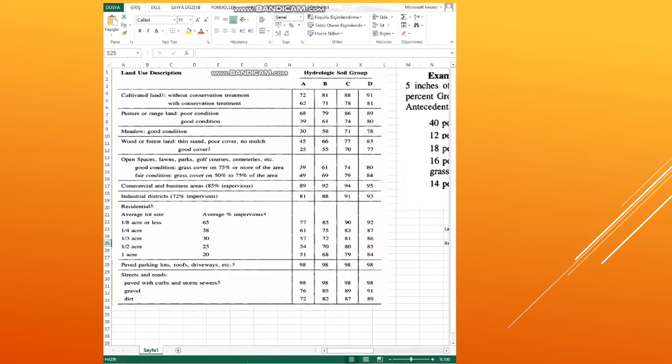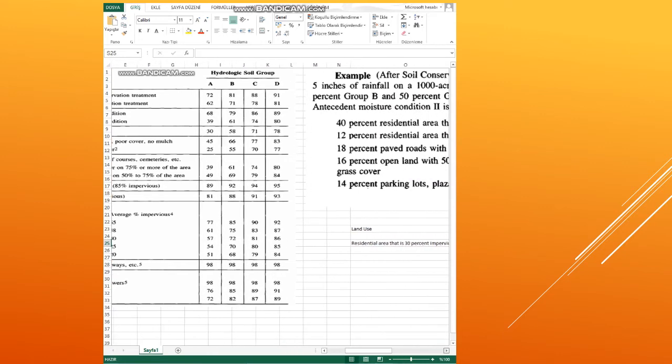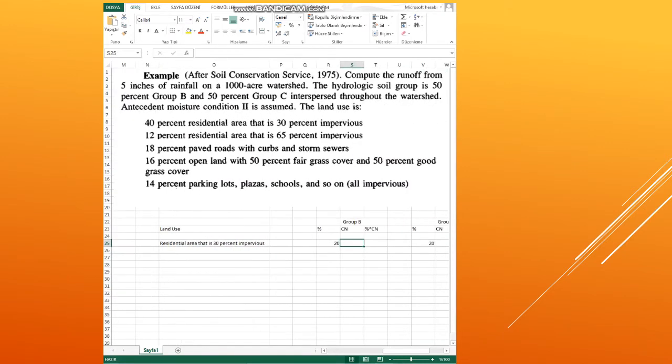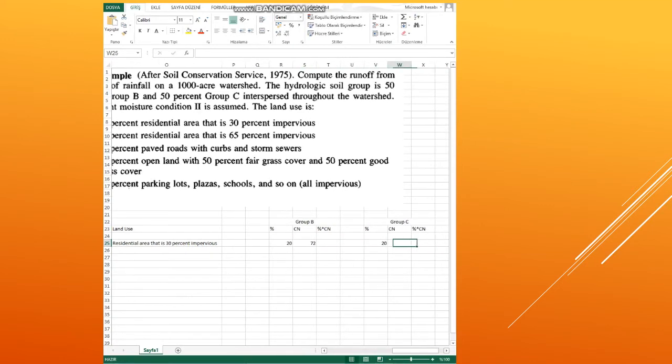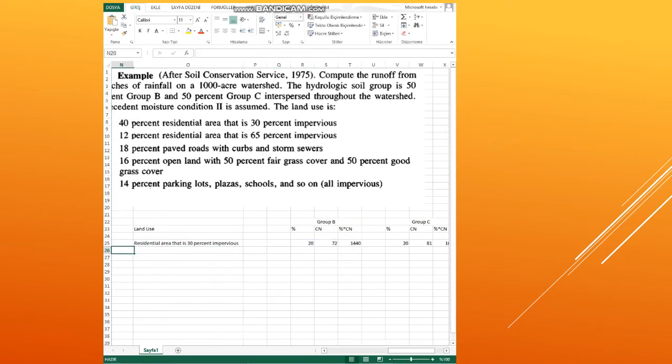Group B is 72 curve number and group C is 81. So let's write it there, 72 for group B and 81 for group C, and the product is this one multiplied by this one, and for here this one multiplied by this one gives our product.